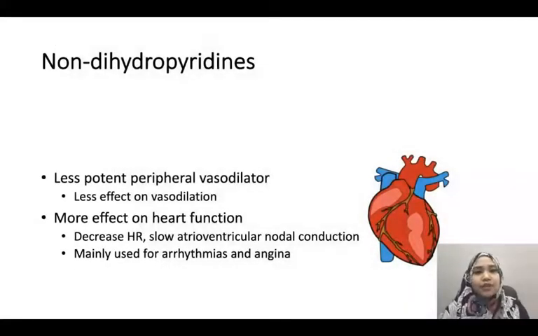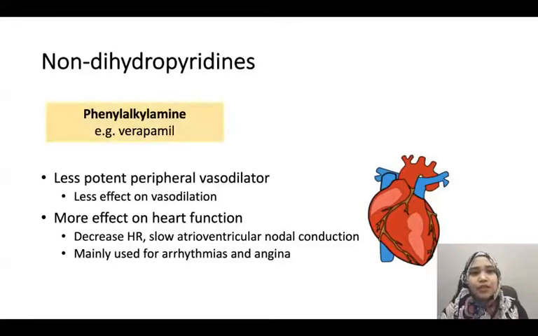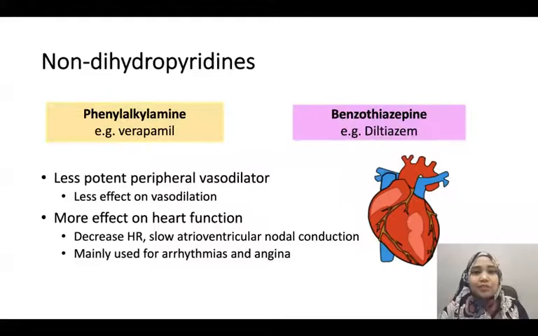Non-dihydropyridines are further divided into two categories, phenylethylamine, drug name is verapamil, and benzodiazepine, drug name is diltiazem. So diltiazem can actually act on both heart and vascular cells, while verapamil acts primarily on cardiac tissues.